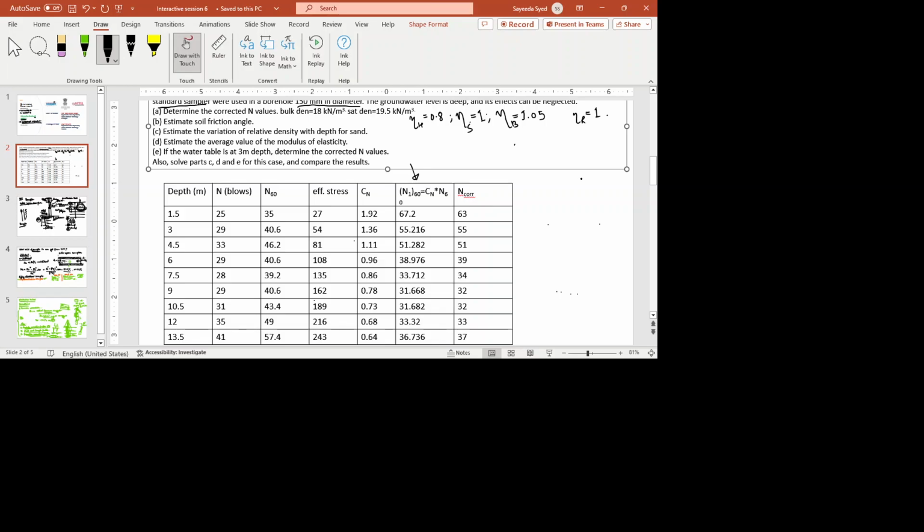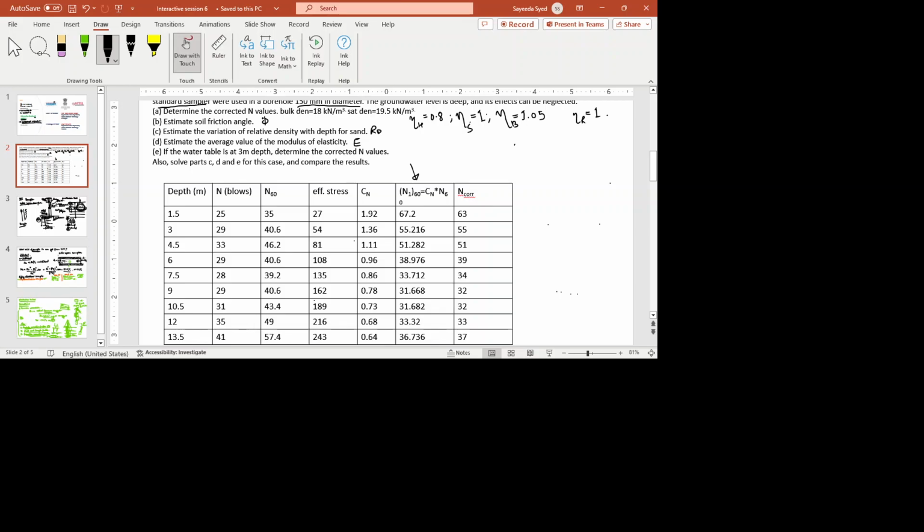For example, when we're talking about the coarse grain soils, we have a correlation for N and phi. We have a correlation for N and RD. We also have a correlation for N and E.